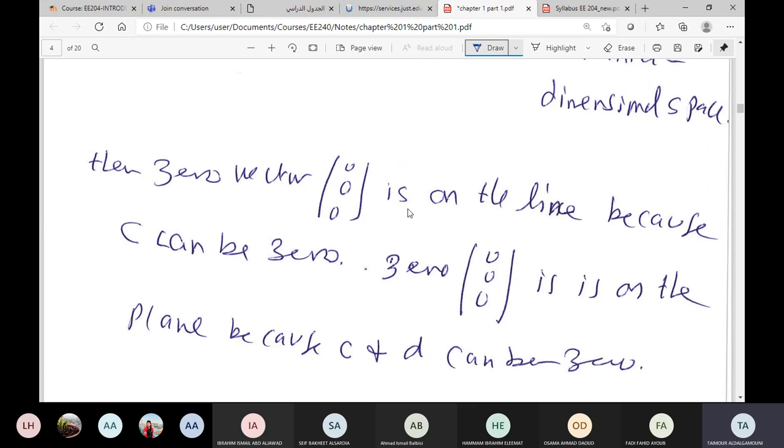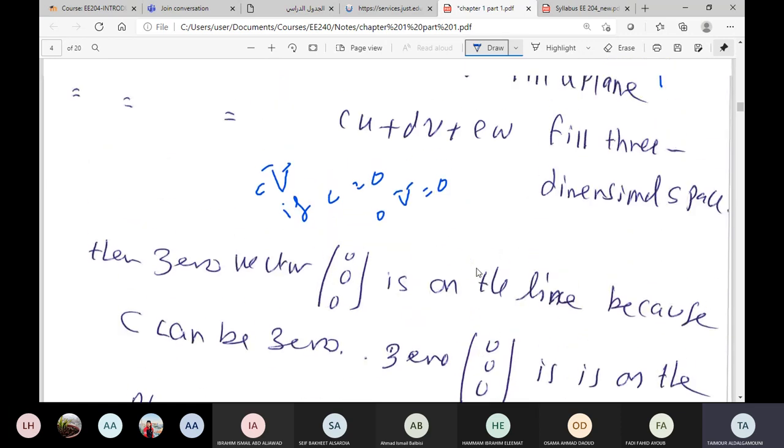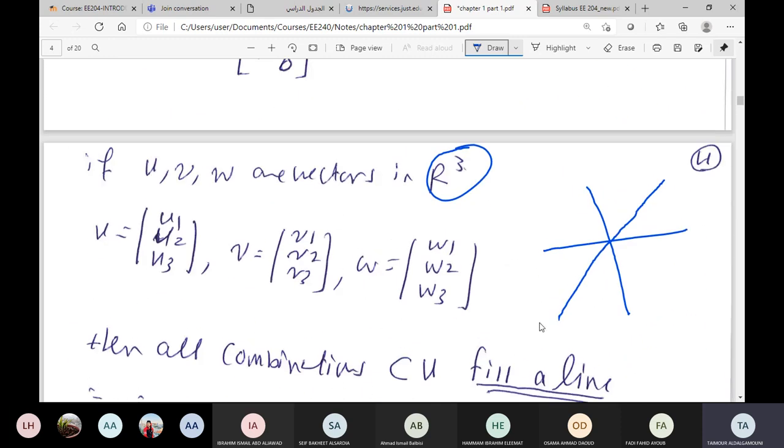The 0 vector is on the line because C can be 0, right? We said that CV represents a line, right? So if C is equal to 0, then 0 times V equals 0, which means that 0 is on the line. That's why we said the line goes through the origin.